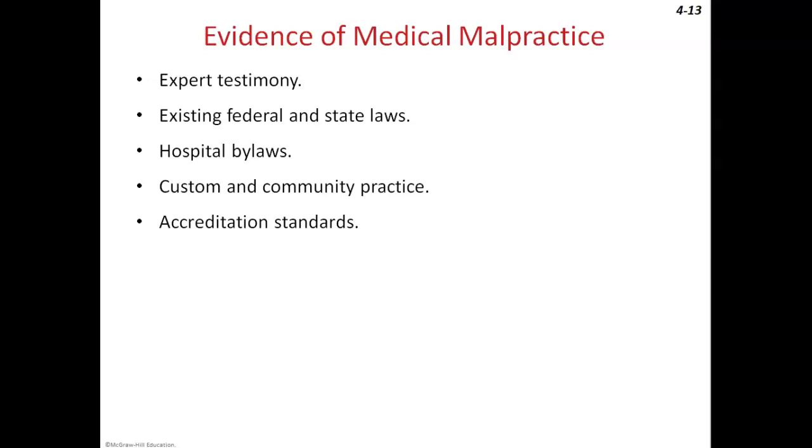Various types of evidence are useful in establishing a hospital's standards, including expert testimony, existing federal and state laws, hospital bylaws, customs and community practice, and accreditation standards. While expert testimony is typically required in malpractice cases, sometimes institutional negligence can be established without that testimony.